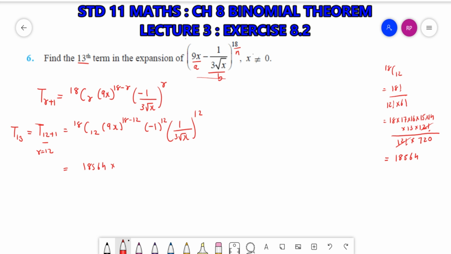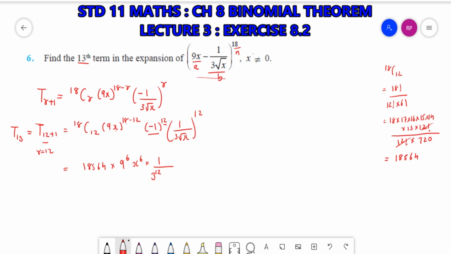This will be 18564 into 9 raised to 18 minus 12, that is 6, into x raised to 6. Minus 1 raised to 12, as the power is even, it will be plus 1. So no need to write down plus 1, okay? Into 1 upon 3 raised to 12.